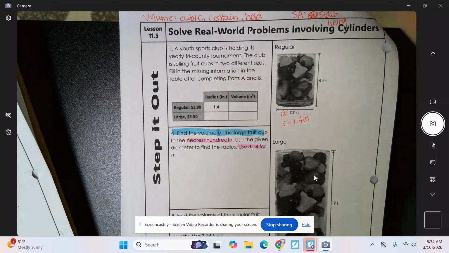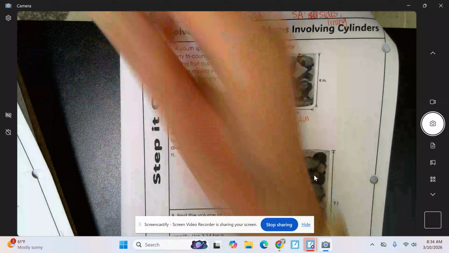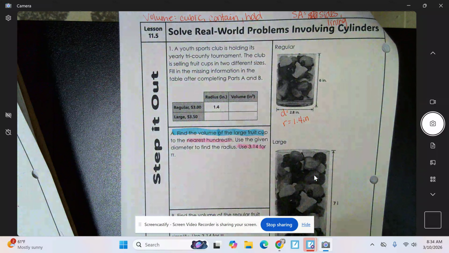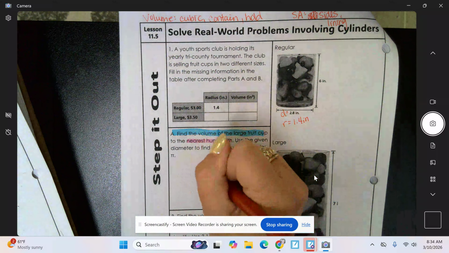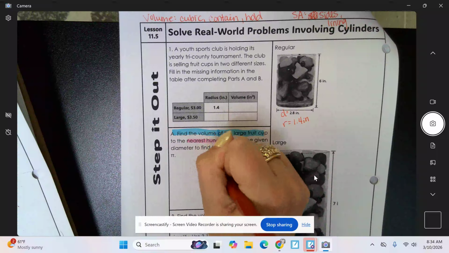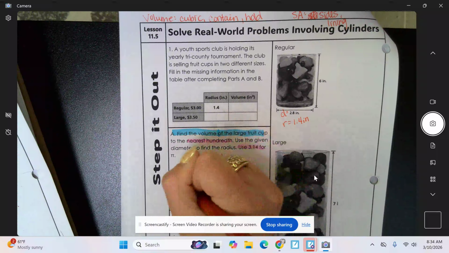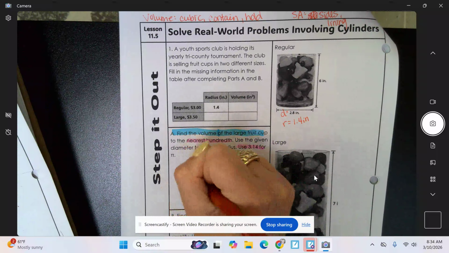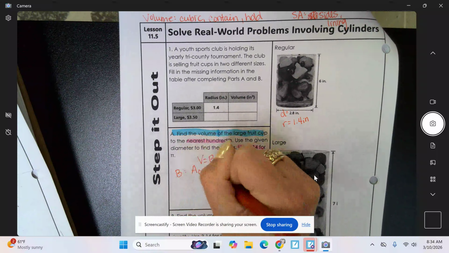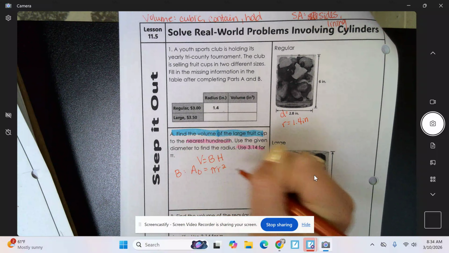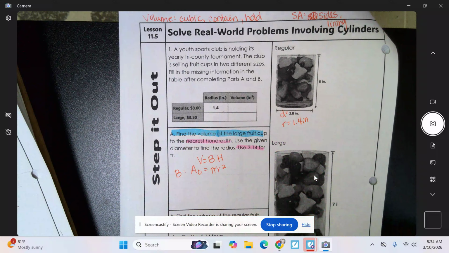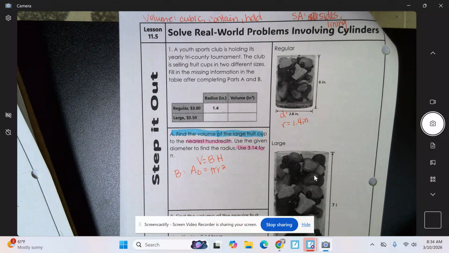If we're talking about volume, we're going to use the volume formula, which you should know, y'all did really well on that. Volume is base times height. And that's not just base, it's the area of the base. So area of a circle, you've already told me, is pi r squared. Well, we found the radius for the large. What was the radius for the large cup that we found that you're supposed to write down?